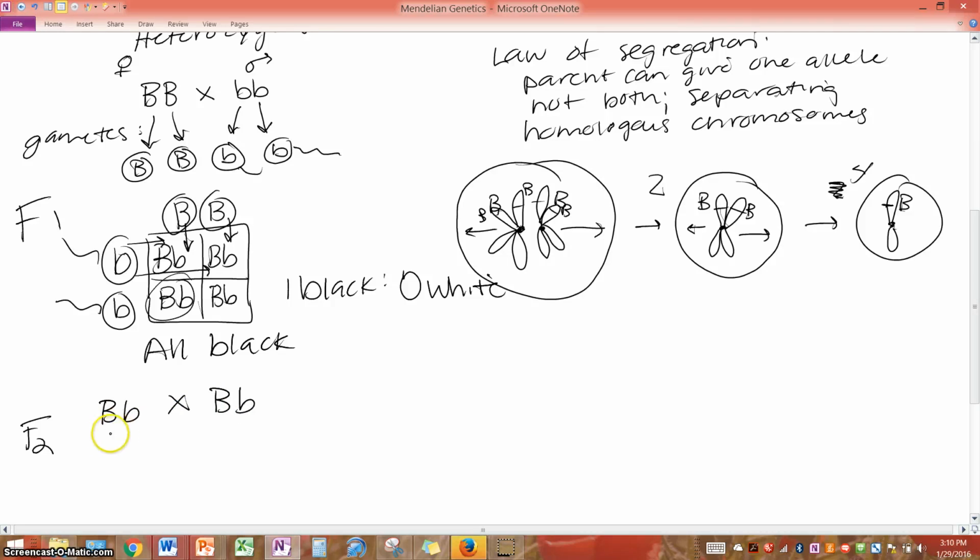Remember, each parent can give one, not both, so they can give a big B or a little b. Okay, so this is the female, this is the male. And you can have a big B or a little b in the egg. You can have a big B or a little b in the sperm. Okay, and these would be the gametes.